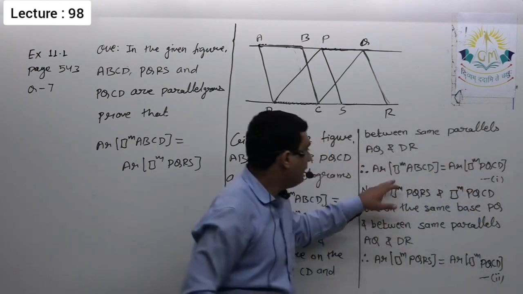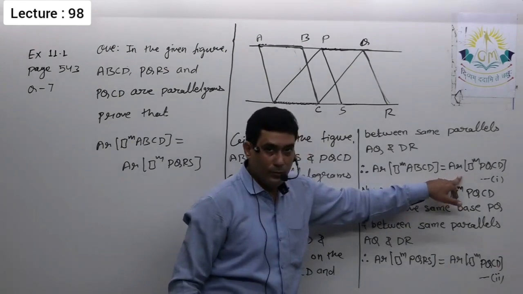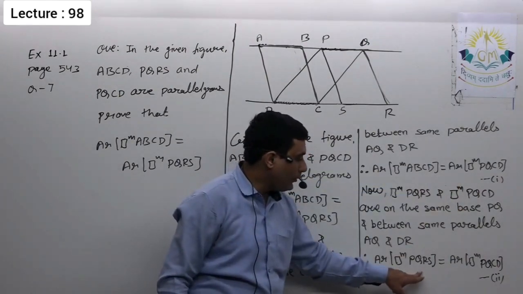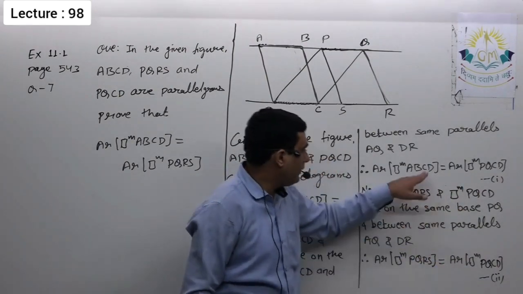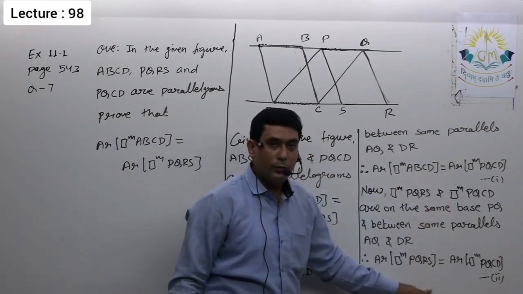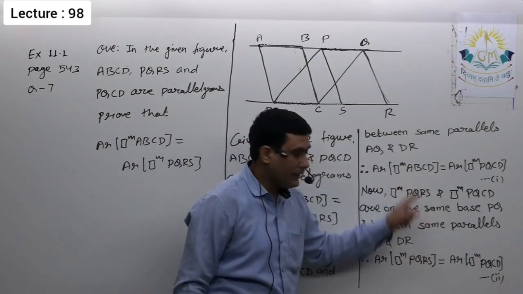Now from 1 we can say ABCD is equal to PQCD. From second we can say PQRS is equal to PQCD. That means the right hand side of these two equations are equal, therefore their left hand side must be equal.